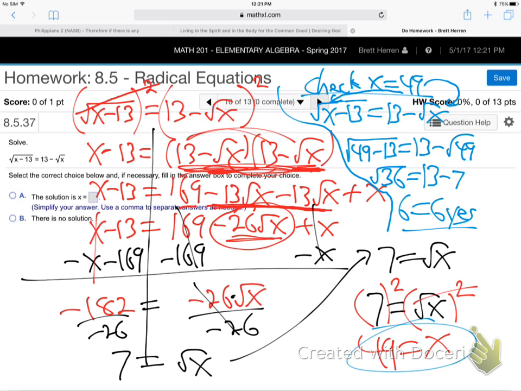See how when I plugged in that 49, it made the two sides equal? It's the real thing that balances the equation. It's the real answer. Are we good?